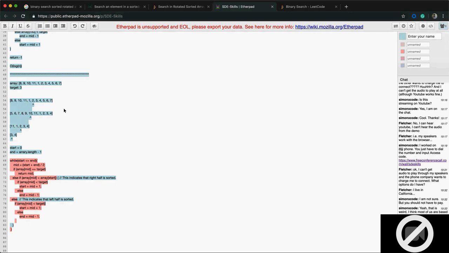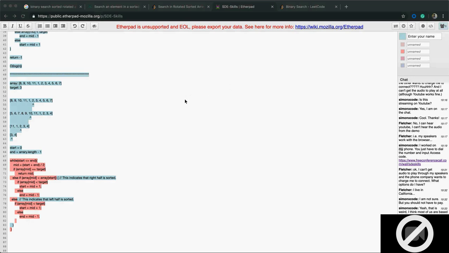Okay. And then next else and else if. There, mid is less than target? Here again, mid is 10. It is not less than target. Target is 3.